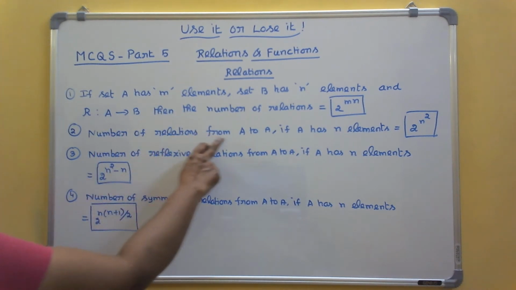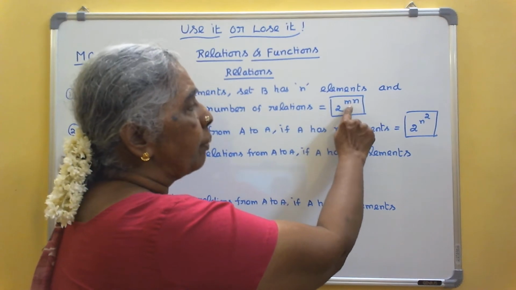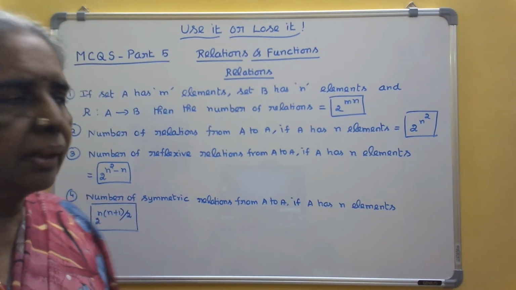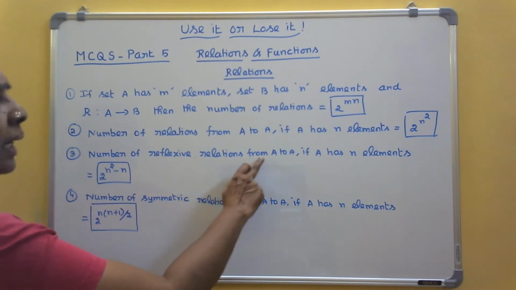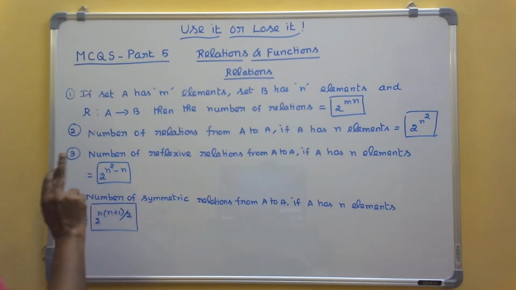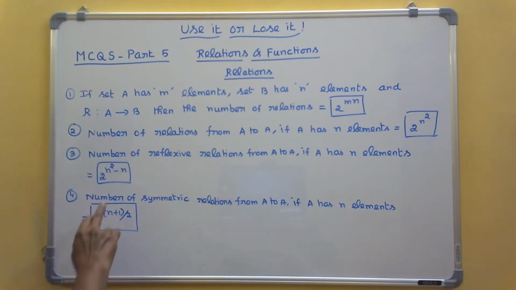The number of relations from A to A, if A has n elements, is the same formula, both are n. So that will be 2 power n squared. Then the number of reflexive relations from A to A, if A has n elements, is equal to 2 power n squared minus n. The number of symmetric relations from A to A, if A has n elements, is equal to 2 power n into n plus 1 by 2.